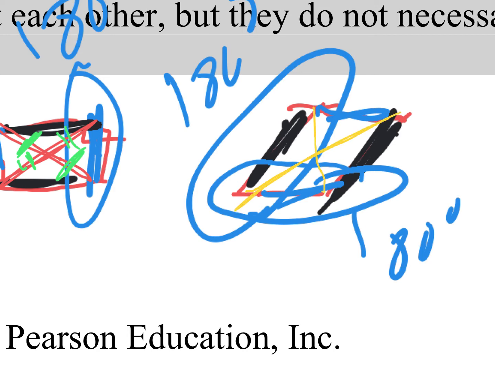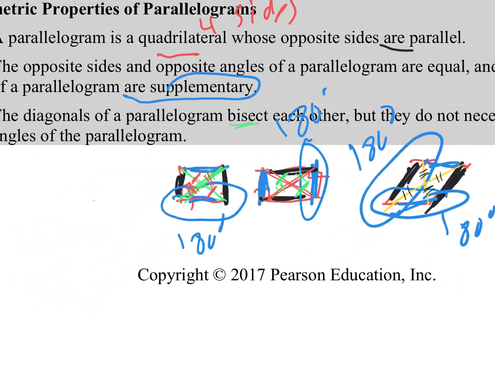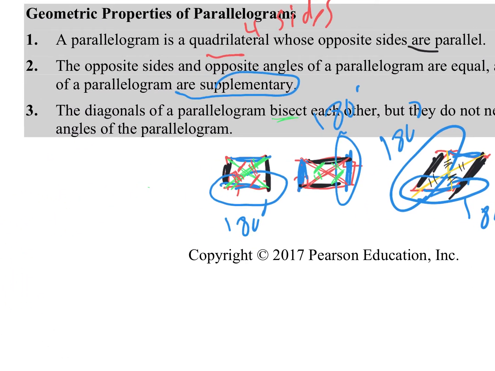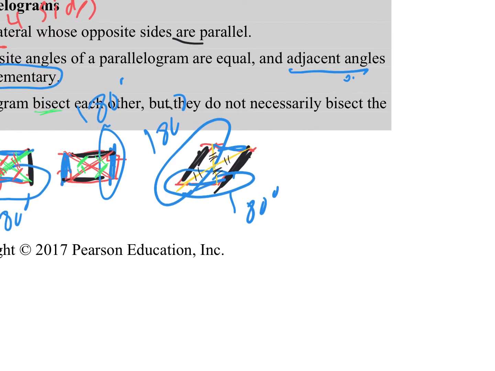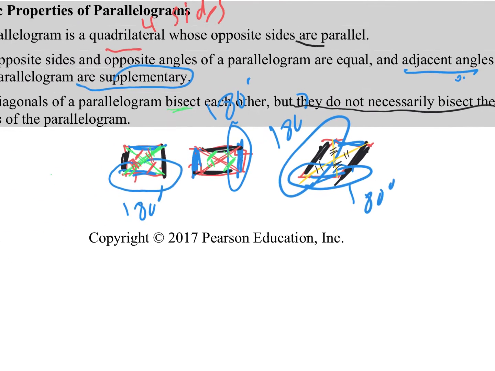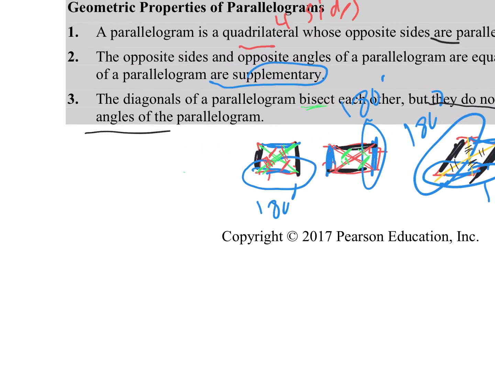These two diagonals bisect each other. This is important: they do not necessarily bisect the angles.